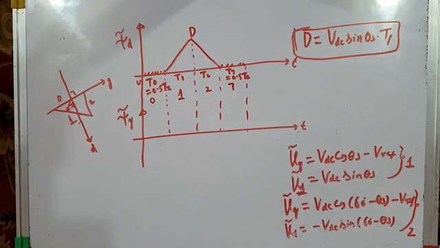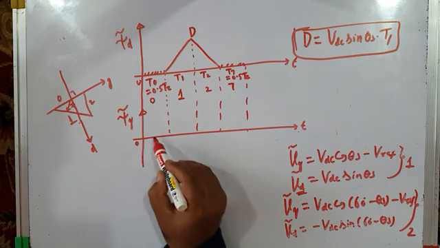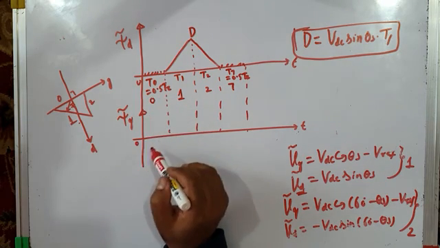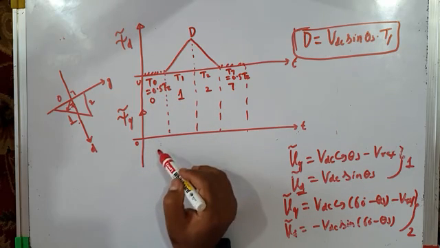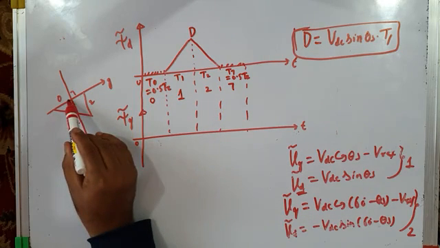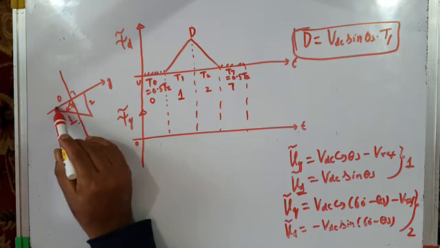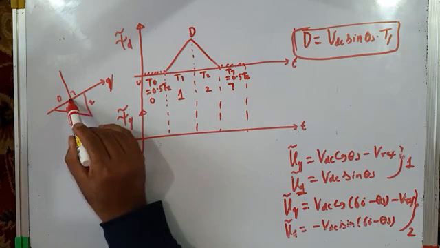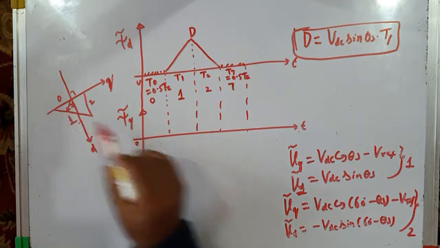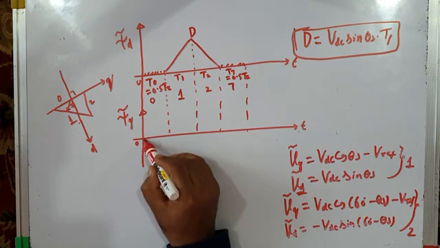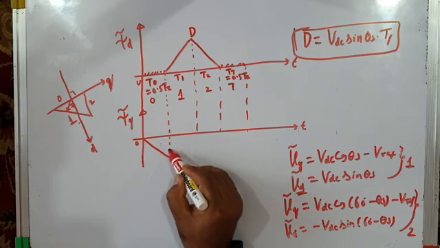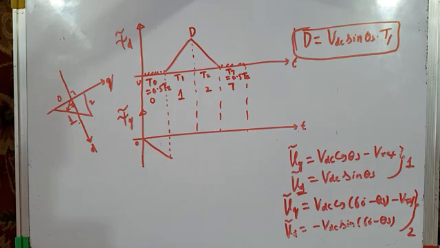When null vector 0 is applied for time interval 0.5 tz, you can see my stator flux ripple vector moves in the negative direction along the q-axis. So it grows like this up to this point.